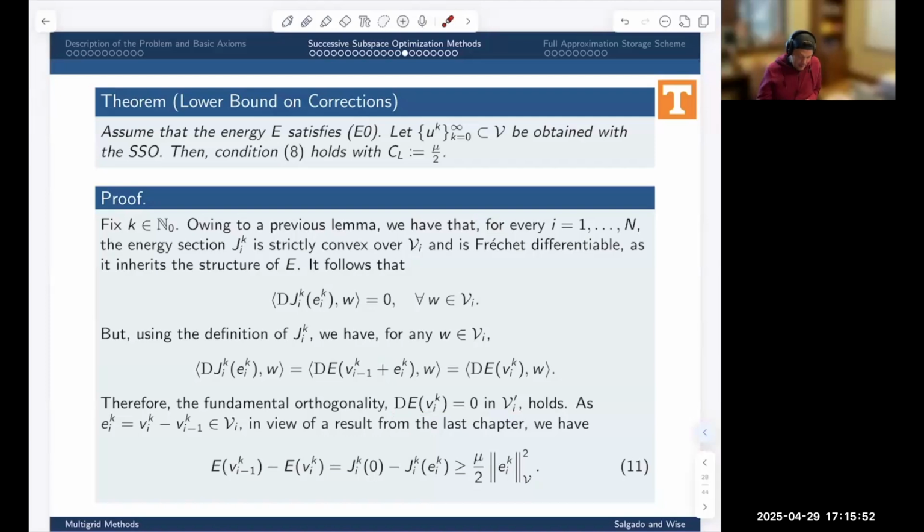All right, now we're just going to realize that e_i can be realized as v_i^k minus v_{i-1}^k. So if you want, just move this over and you'll see that when I add this correction onto that, I get the updated value of my iteration. Now I have a result from the last chapter which says that I have this quadratic energy trap, the lower bound.